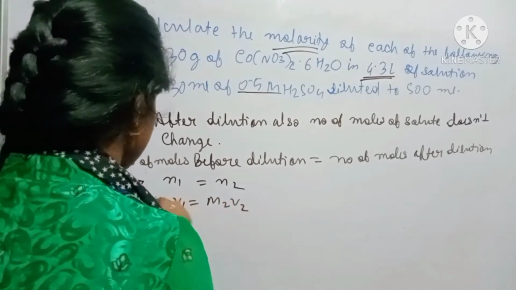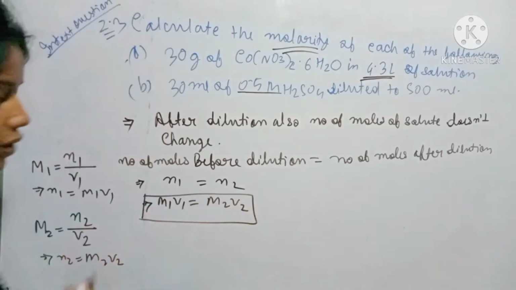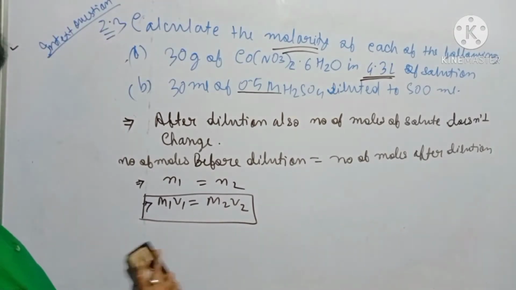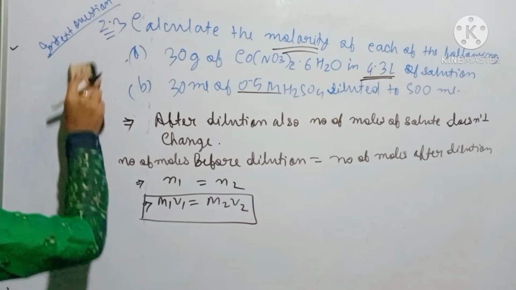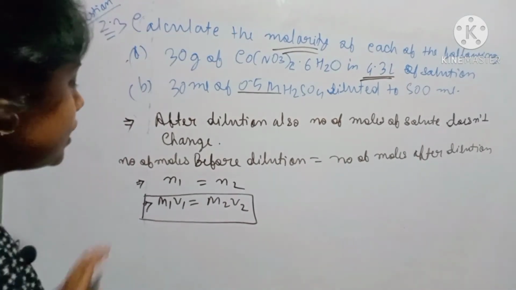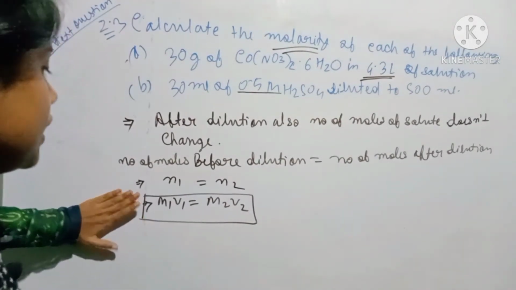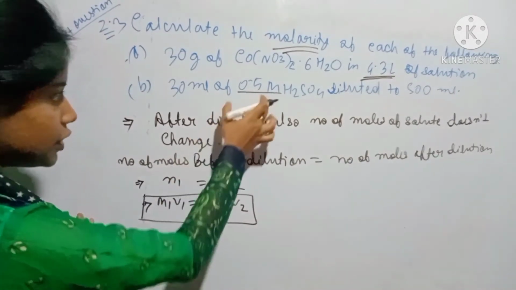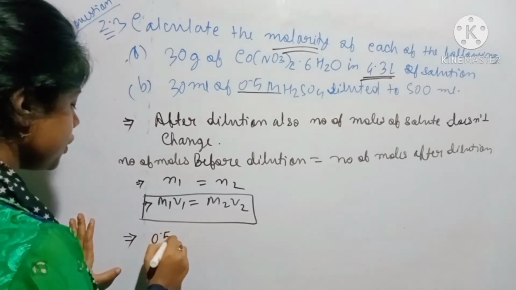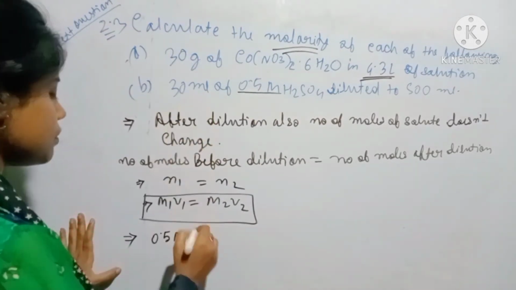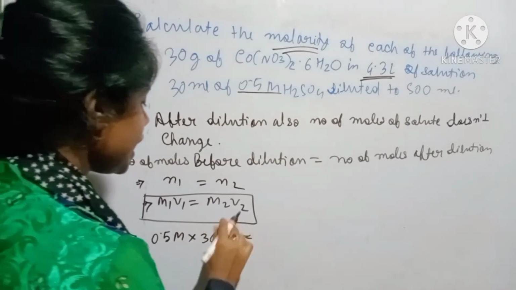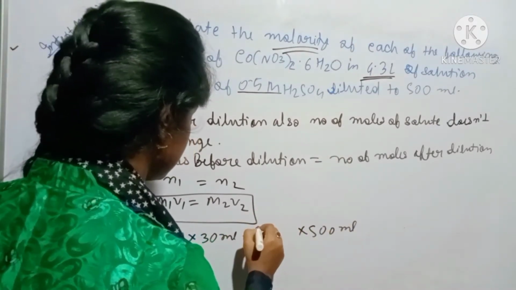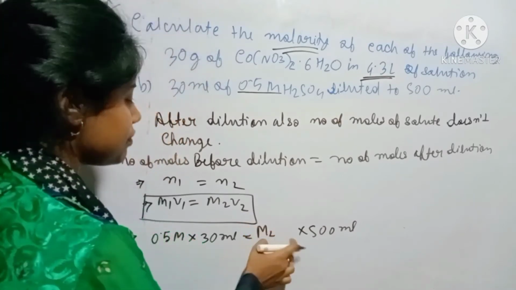We get this expression, which is really very important. In practicals maybe you get this, but from today you learn how you get this equation. I get this equation from molarity. So now I'm going to put in the values. The M1 before dilution, molarity is 0.5 molar, before dilution volume is 30 ml. After dilution, volume is 500 ml, and we have to calculate M2, the molarity after dilution.